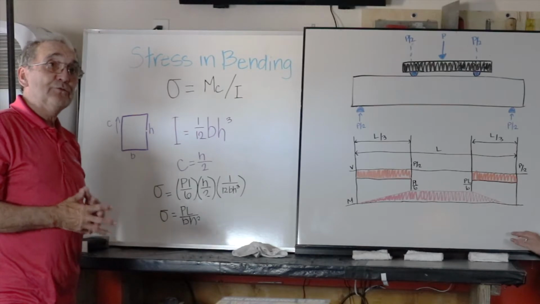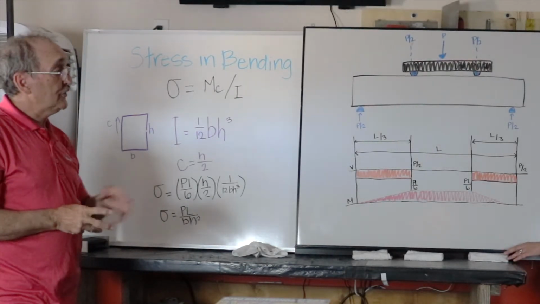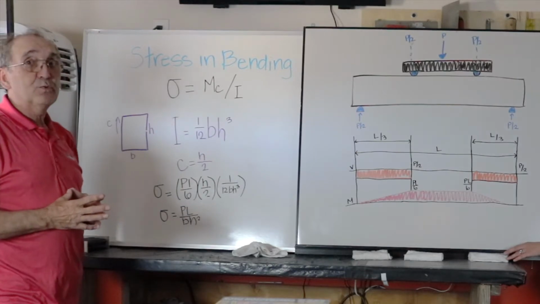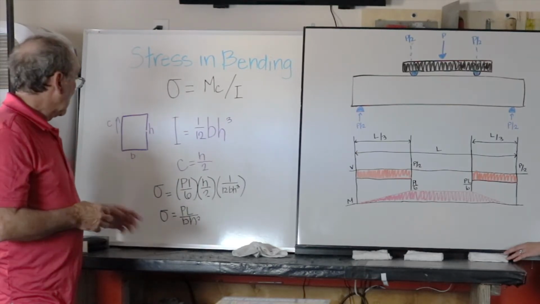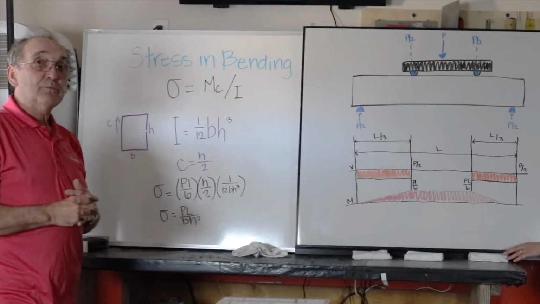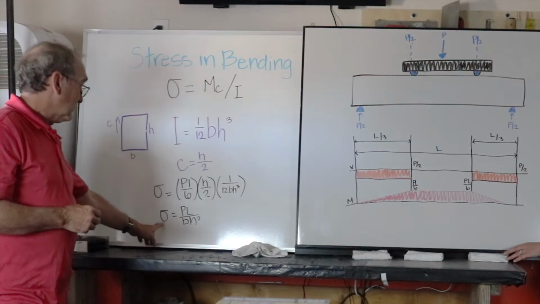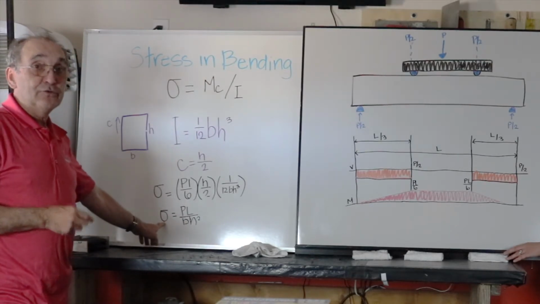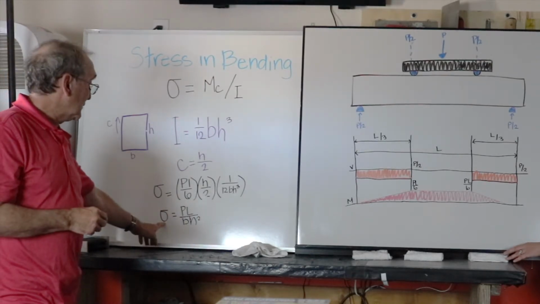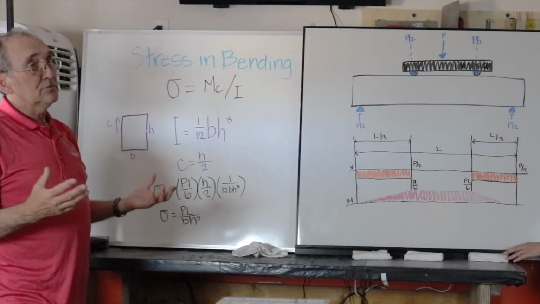Now if we look in ASTM C78, the specification for the beam in third point bending test, you'll see the PL over BH squared expression. You'll see this algebraic expression, but it won't be referred to as stress. It is stress. It's the stress in the outside fiber. It'll be referred to as the modulus of rupture. Now that's a little confusing.